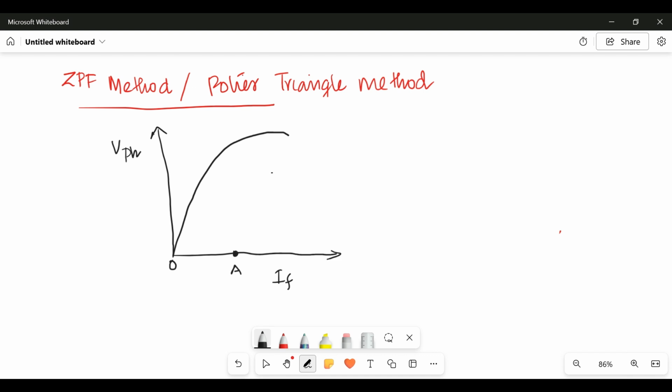That field current corresponding to the rated voltage we obtain from the Potier test. That point is P. Joining this A and P, we can draw a characteristic that is about parallel to your open circuit characteristics.